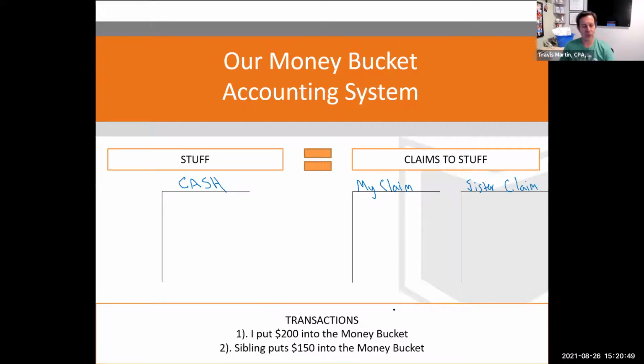Transaction number 1, I put 200 into my money bucket. So I'm just going to put a 1 right there. $200 going in, plus 200. Now when I do that, if I don't do anything else, my accounting system's not in balance. And that's not good. We got to have accounting harmony here.